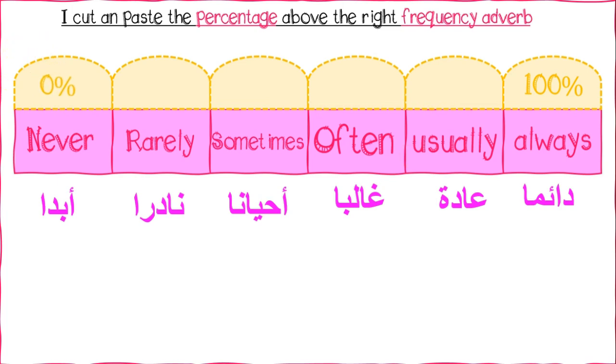Never, 0%. Sometimes it's 50%. Rarely, 5%. Often, 70%. Usually, 90%. So these are frequency adverbs or adverbs of frequency.